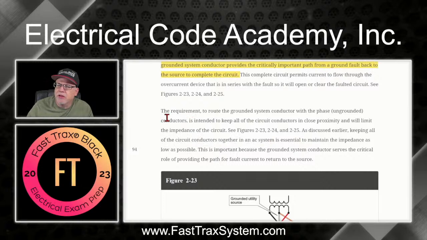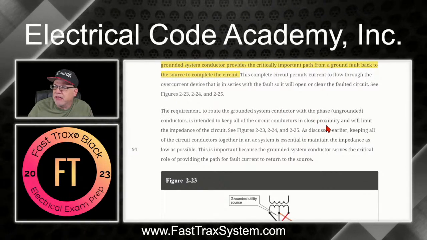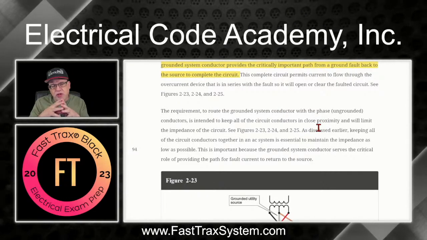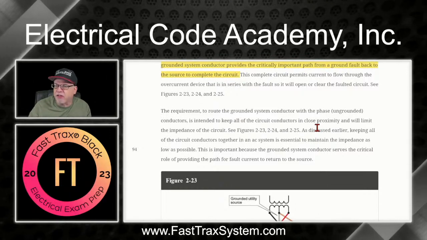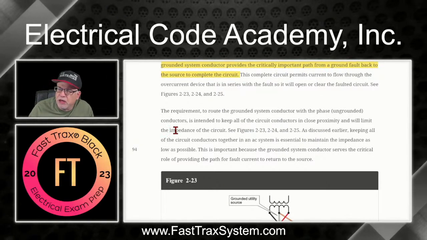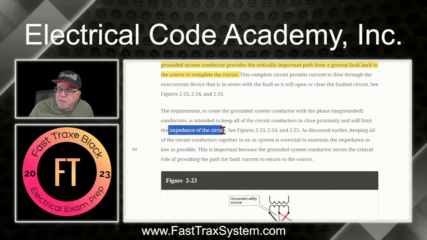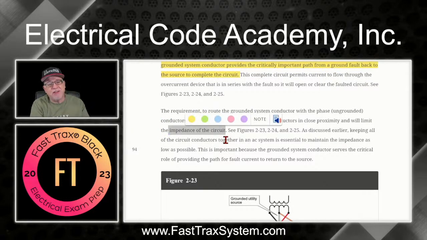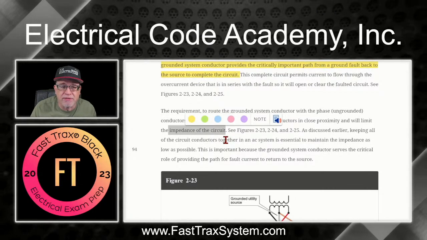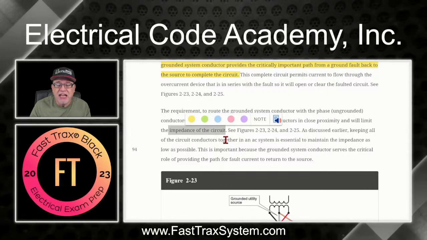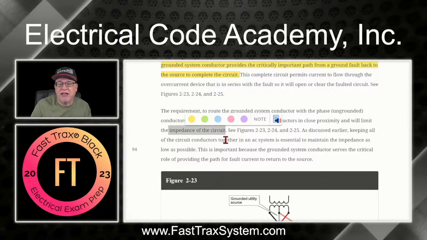All right. The requirement to route the grounded system conductors with the phase conductors, I talked about this earlier, keeping all of those conductors in close proximity routed together is to do what? It's to limit the amount of impedance. And impedance is AC, whereas resistance would be DC. It's all in opposition to current flow. And when we're trying to clear an overcurrent device, the last thing that we want is resistance to oppose that current flow.